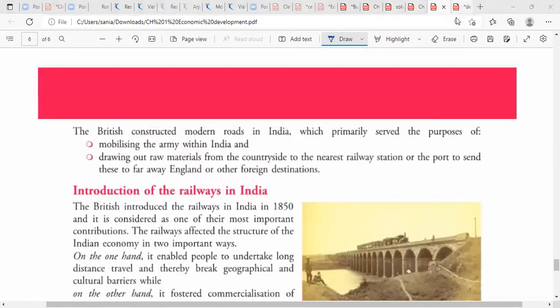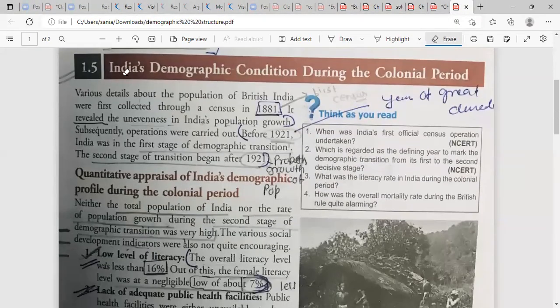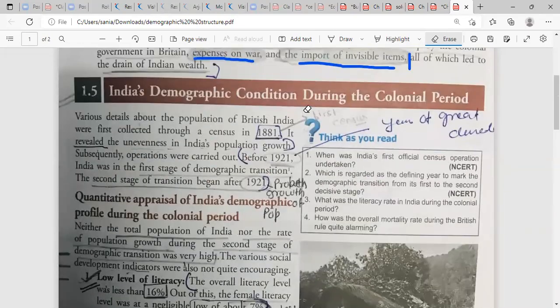Now we are going to do the demographic condition during the colonial period. What is demographic, what is the demographic condition? Demographic is basically, for example, birth rate, death rate, and all that, the data related to population.